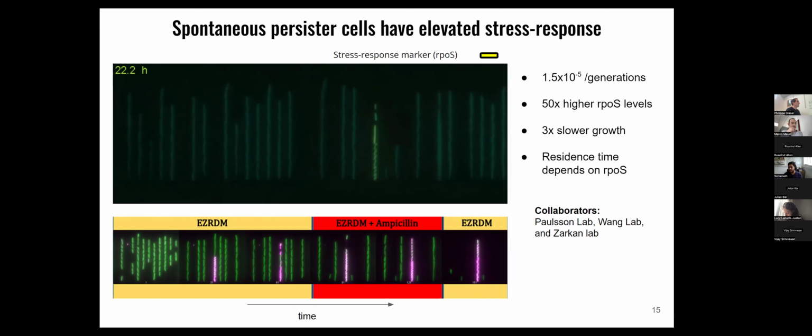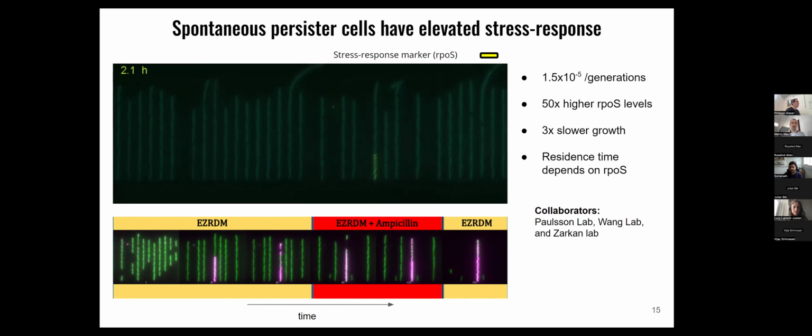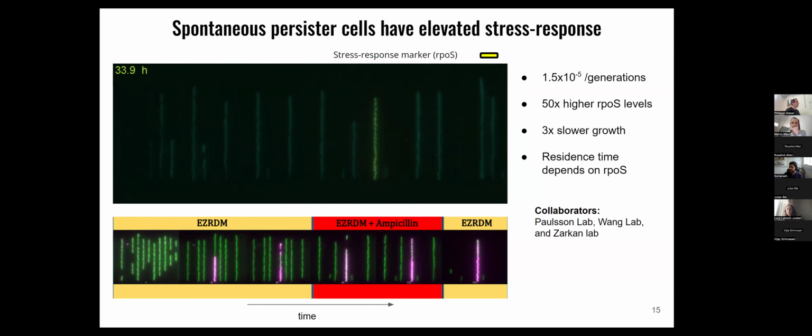But because they go back to normal physiology within 14 generations, our initial assumption is that these are spontaneous persisters, but yes, it is likely that they could be heteroresistors. I'm not really familiar with the time scales of heteroresistance, if it is also transient, but I don't know how long those states are usually stable for. Don't know if you could provide some insight on that.